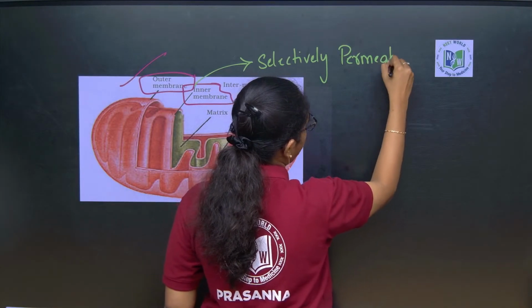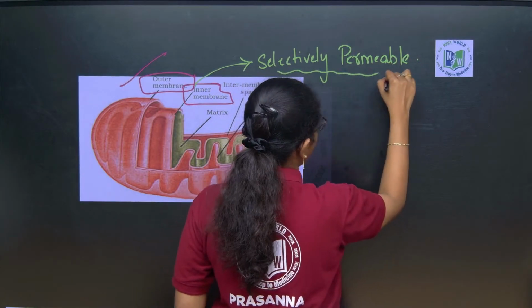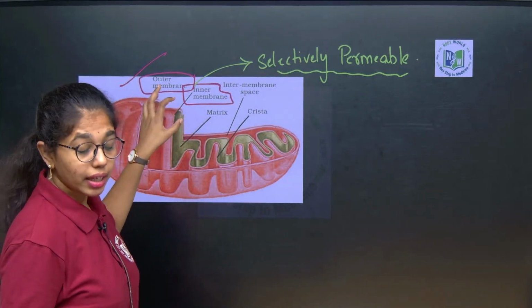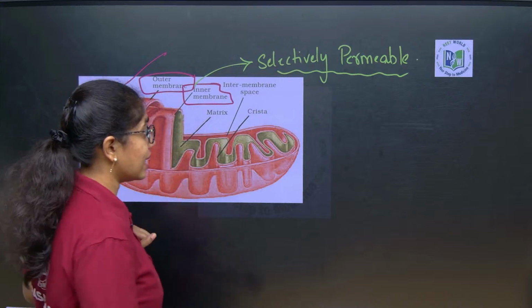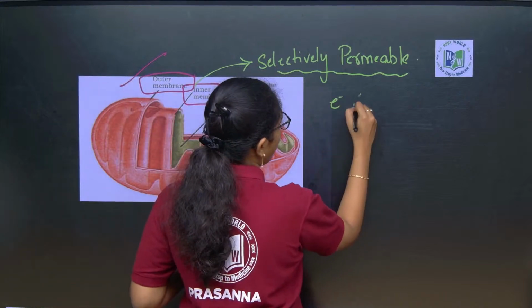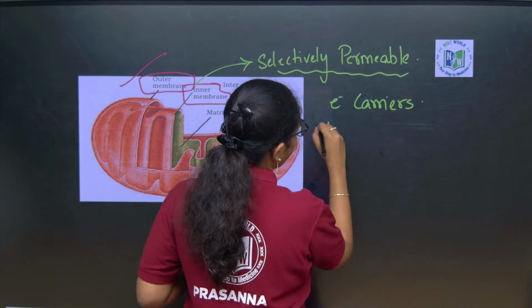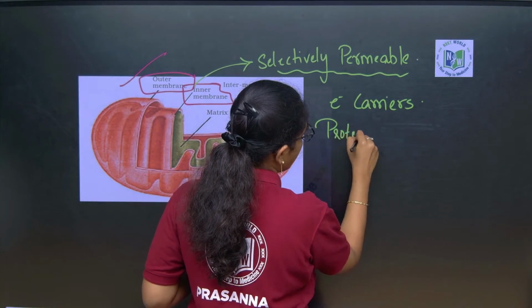Inner mitochondrial membrane is selectively permeable, where in the inner mitochondrial membrane you can clearly see the electron carriers and protein complexes.